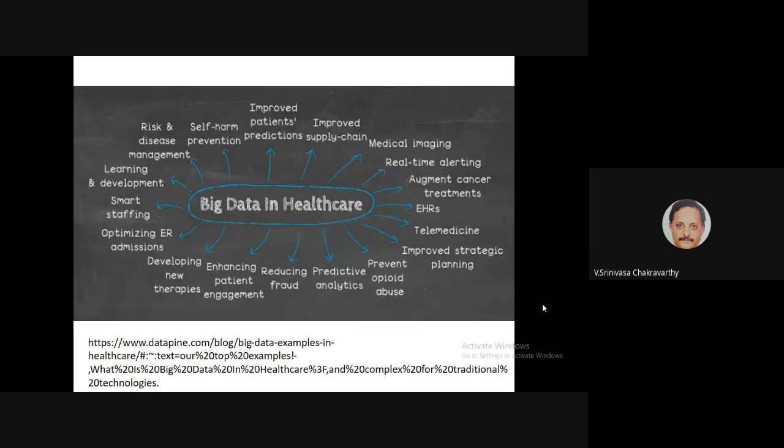In healthcare, again, there is a huge explosion of activity, and in India also a lot of startups are in this space, and the numbers are growing quite rapidly. Right? There's an article which talks about different domains of application of big data in healthcare. Like for example, suppose you have the problem of staffing a given healthcare center, like a hospital. How many nurses you want to put in a given ward?